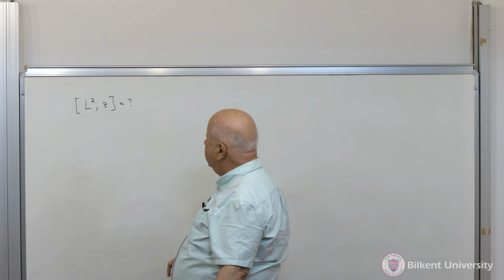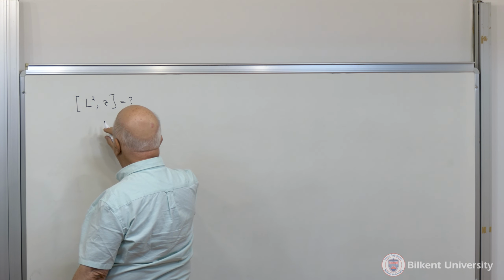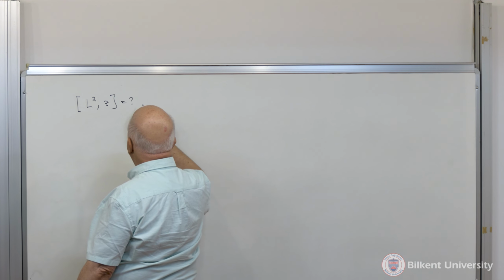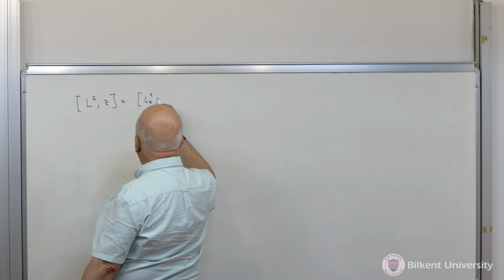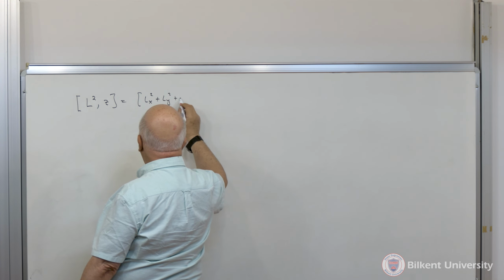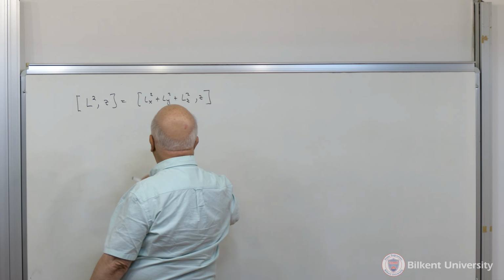So we now need something which involves L squared with z, so that if I find the matrix element of that, I can relate the matrix element of z to things with L squared. Now, to do that, I have to look at what L squared is: Lx squared plus Ly squared plus Lz squared, with z.